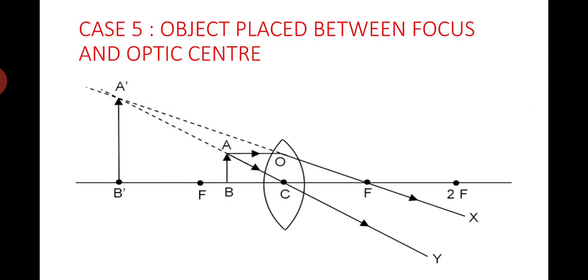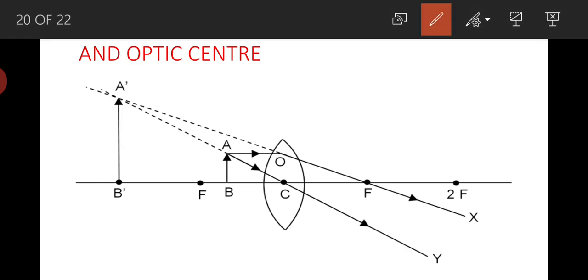And case 6, object placed between focus and optic center. Whenever the object is placed between focus and optic center, first, the light ray moving parallel to the principal axis will pass through focus.